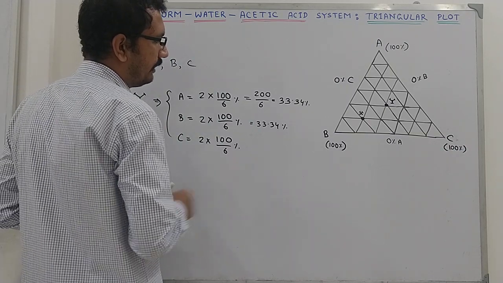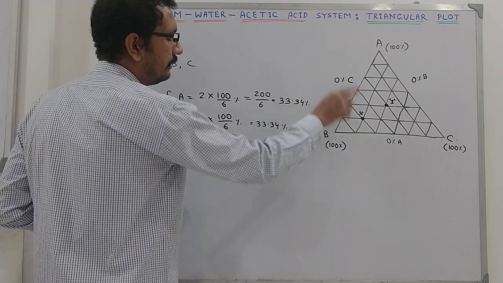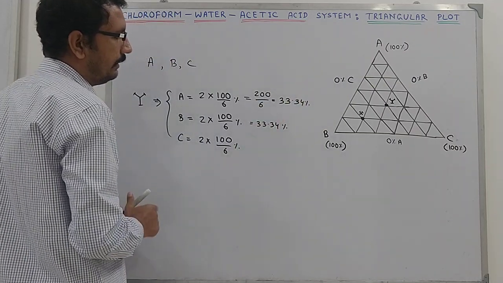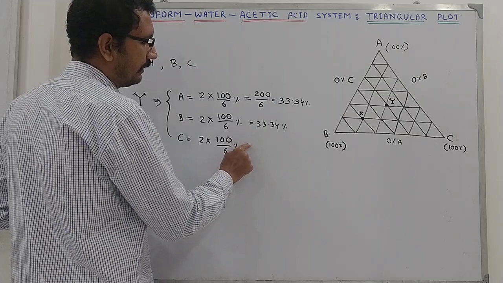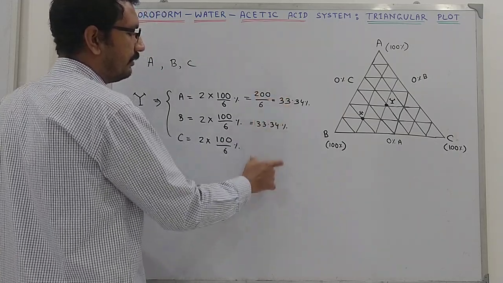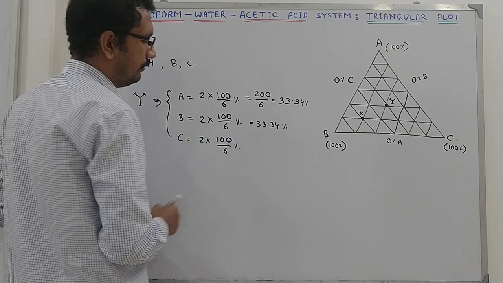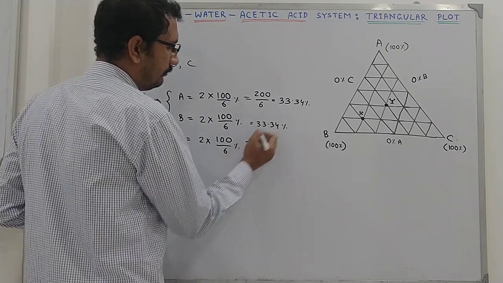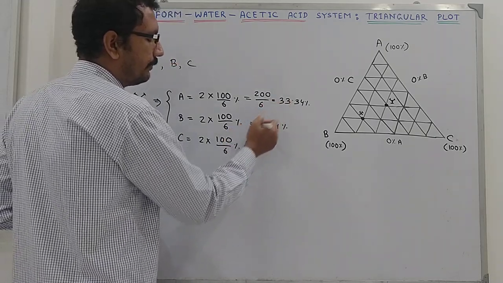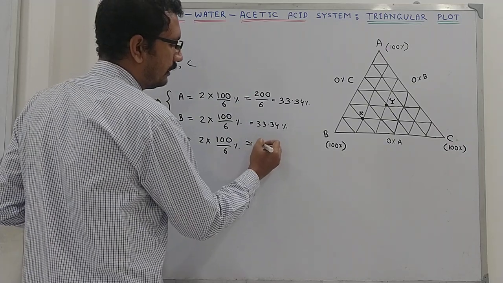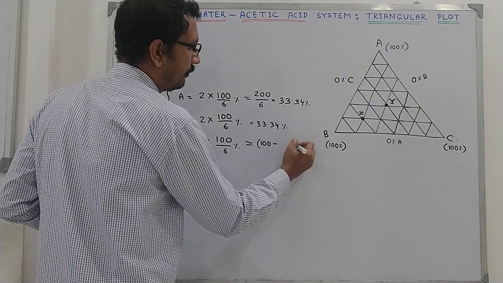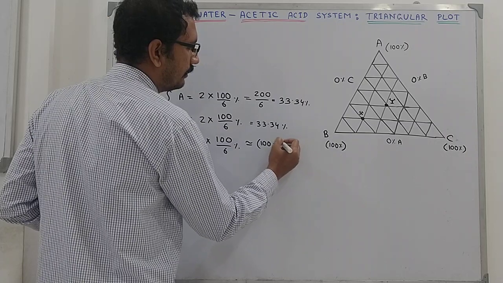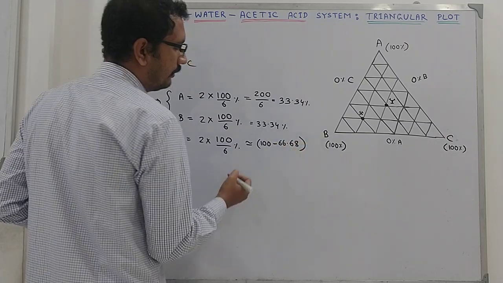Now if it will actually continue 3 3 3 3 in that way, then for this one, if you take 33.34, the summation will not give you 100%. So for this one you must subtract these two from 100%. So 100 minus these two will give you 33.66.